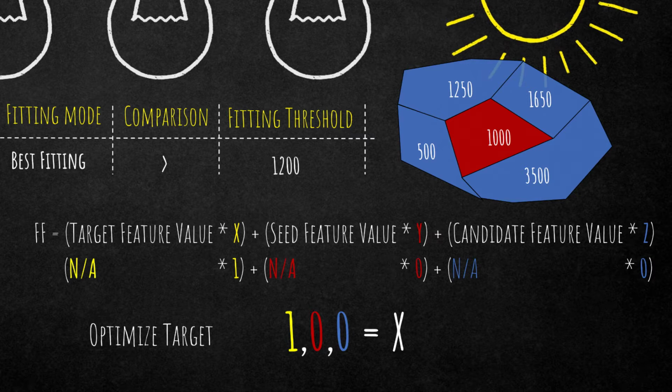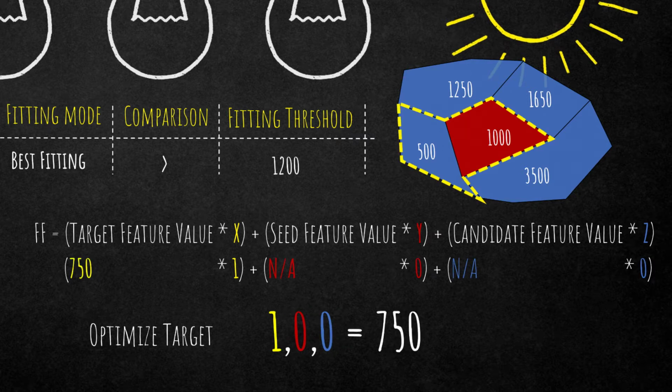And if we now go through all the candidate objects, we can compute a value that comes out of this formula, which is target value times 1 plus the seed feature value times 0 plus the candidate feature value times 0. And that means we're only interested in the target feature value. And if this fulfills the criteria that we've defined in the fitting function, best fitting greater than 1200, it's gonna merge, but it's only looking at the best fitting.